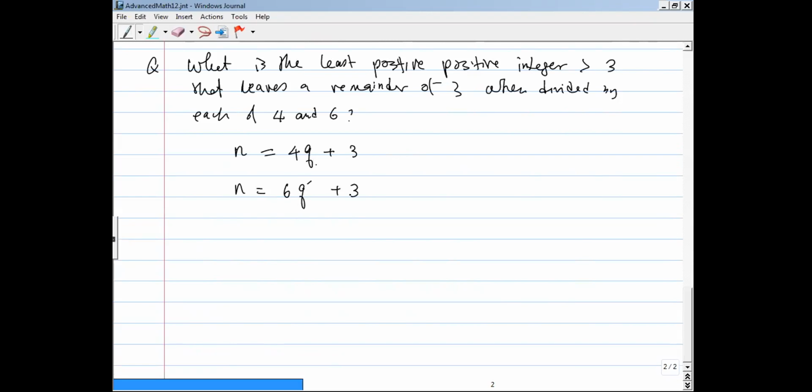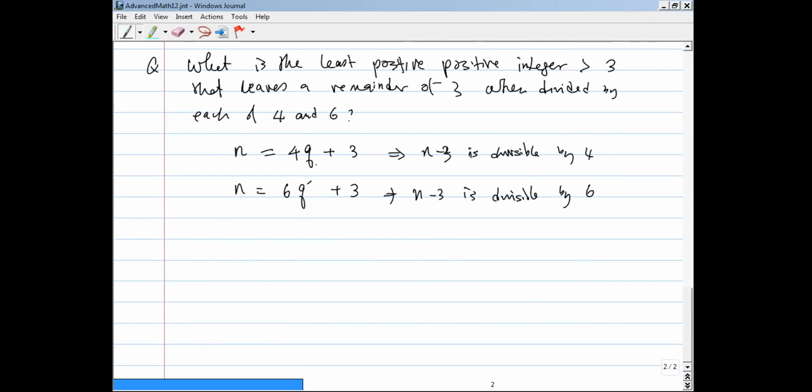So they have the same remainder. That means n minus 3 is divisible by 4, and n minus 3 is also divisible by 6.